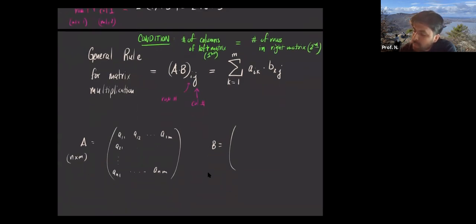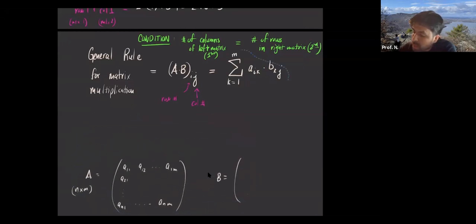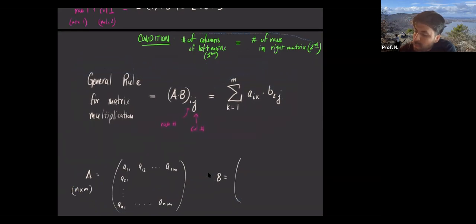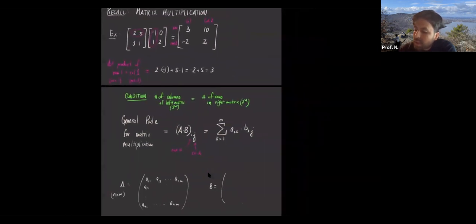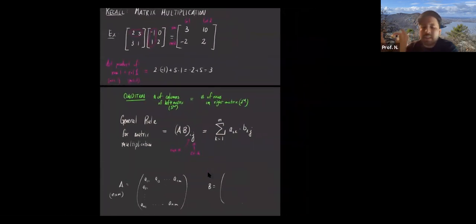So let me shift this down. Do you see that the sizes don't have to necessarily match up, but the number of columns of this one, so I have 2 columns here, has to match up with the rows here, because otherwise the operation wouldn't be possible.